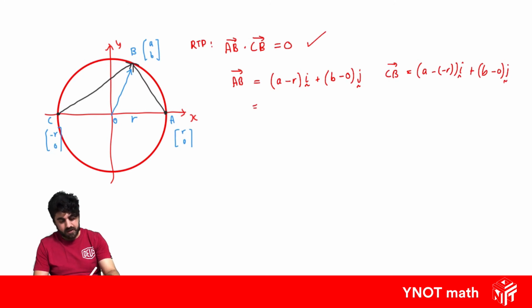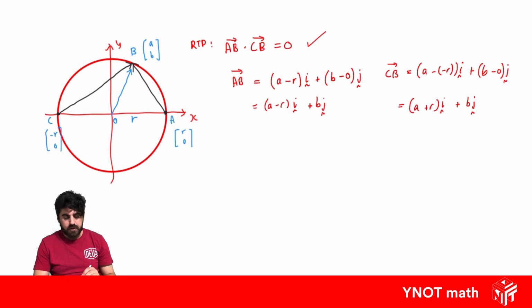So our vector AB is just going to be (a - R)i + bj. Then we're going to have (a + R)i + bj. And now we can go ahead and find the dot product of these two vectors.